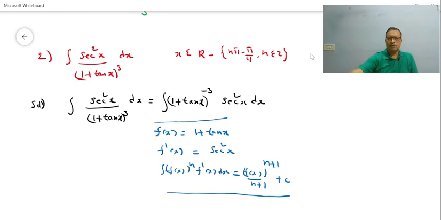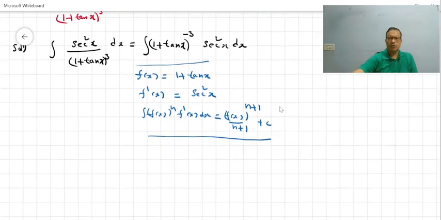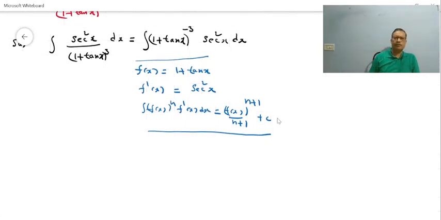So this is the form integral of [f(x)]^n f'(x) dx, that is [f(x)]^(n+1) by (n+1). What is f(x)? 1 + tan x. So (1 + tan x) to the power of minus 3 plus 1, minus 3 plus 1 is minus 2, divided by minus 2, plus constant.